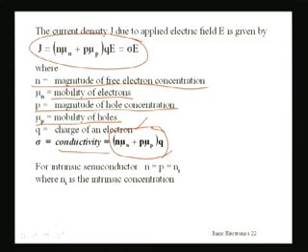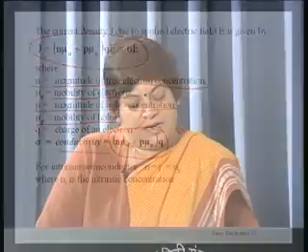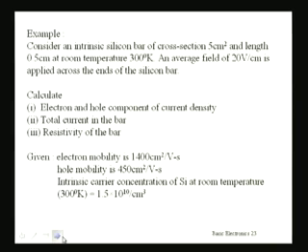Now let us take one example and see how you can find out the current density. The example is to consider an intrinsic silicon bar of cross section 5 cm square and length 0.5 cm at room temperature 300 degree Kelvin. Now an average field of 20 volt per centimeter is applied across the ends of the silicon bar.